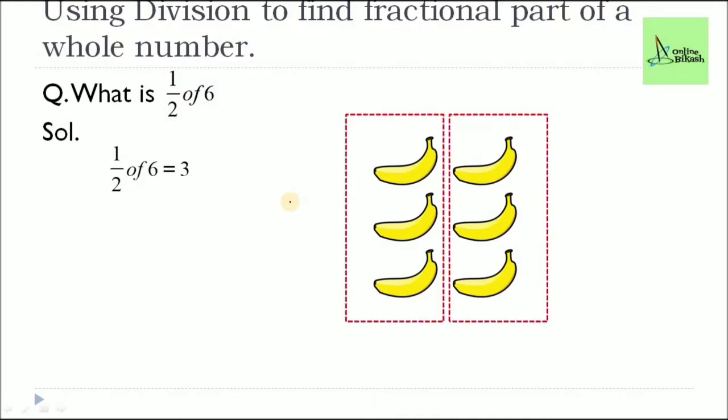And from those groups you have to take one group. This 1 means 1 group you have to take. So in 1 group, how many bananas are here? 3 bananas are here. So that's why 1 by 2 of 6 is 3. Is it clear? Let us take another example to understand it better.